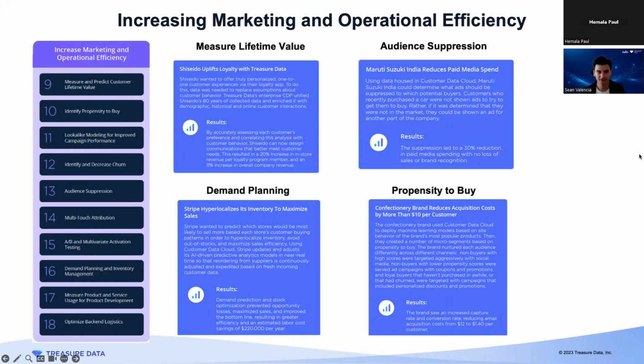Propensity to buy. Now, this is a type of machine learning use case that's essentially trying to forecast who's likely to make a purchase. Again, it's going to require a variety of data being centralized, but how it works is it looks at, okay, from our current customers, what are some of their attributes or actions or behaviors that they've taken.